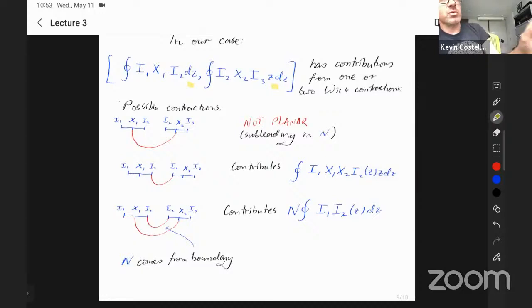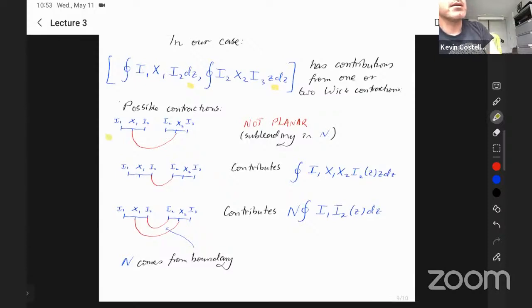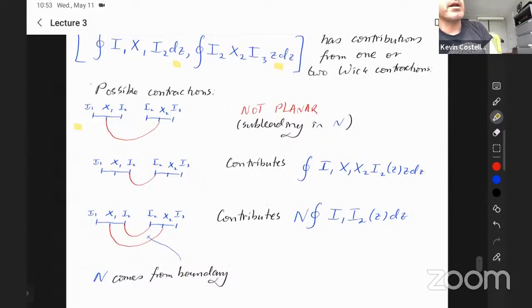So let's write out diagrammatically everything that involves 2 Wick contractions. Here, I can contract x1 with x2. But this is bad, because this is a non-planar diagram. So since we're looking at the CFT in the planar limit, this will not contribute.